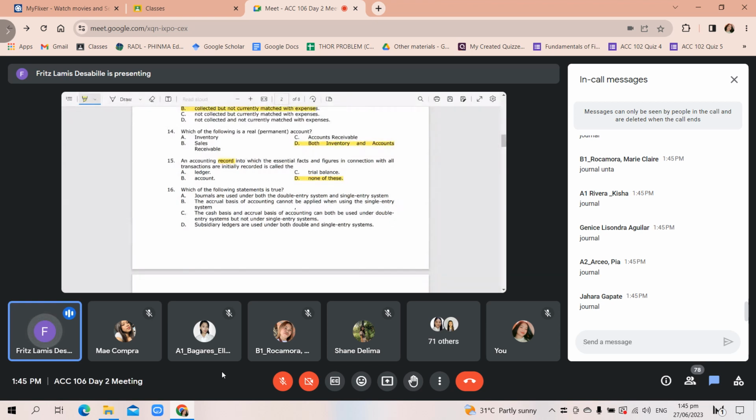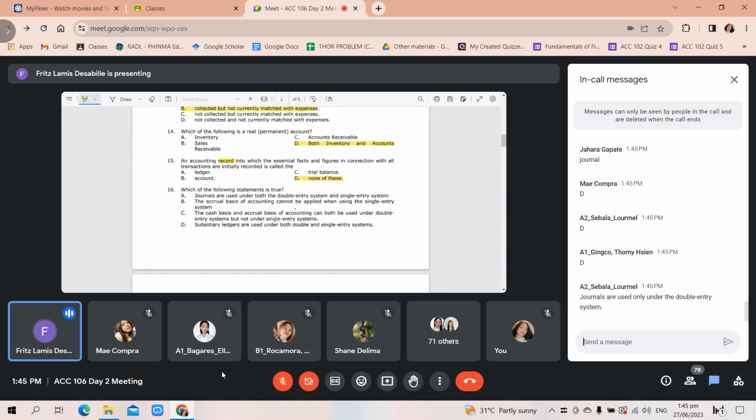Which of the following is true? Journals are used under both the double entry system and the single entry system. So actually, guys, ang journal man good, it contains both a debit and a credit.